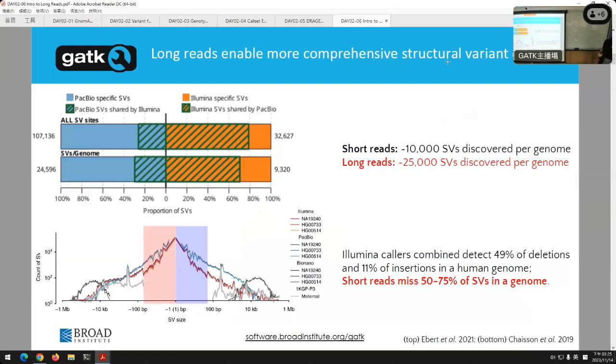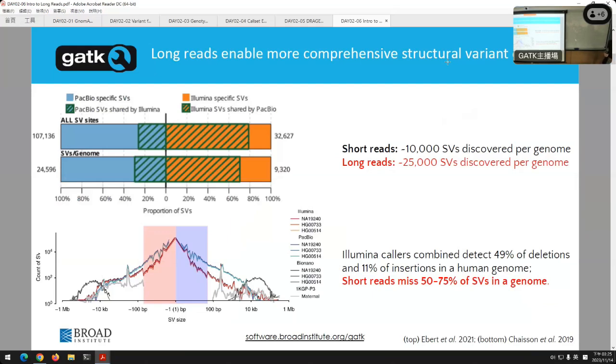Along the x-axis, the right side is insertions, and the left side is deletions. We can see that the red line is below the blue line, so we're not able to discover as many structural variants with the Illumina short read data as we are with the PacBio long read data.